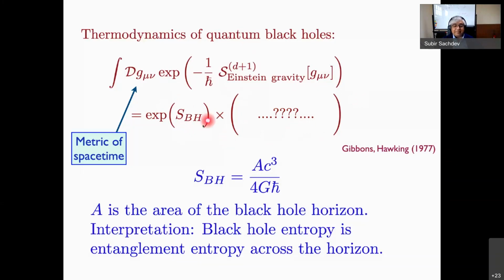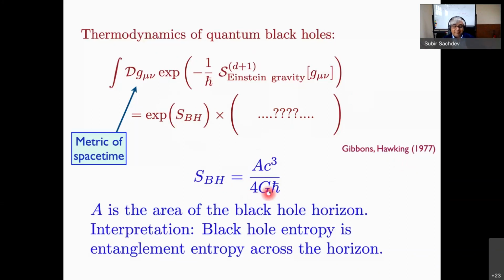And from this type of, in the end, straightforward computation, they obtained the black hole entropy, the famous black hole entropy formula, which had been obtained by Hawking earlier by another set of arguments, where he got the same expression. So in natural units it is the area of the horizon divided by 4G, where G is Newton's constant.